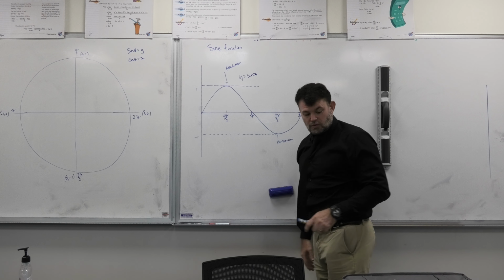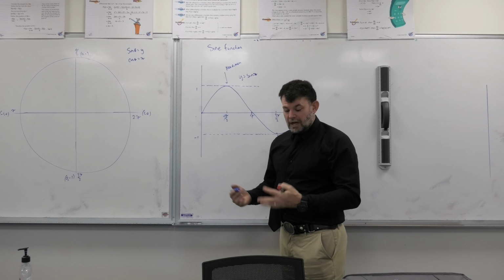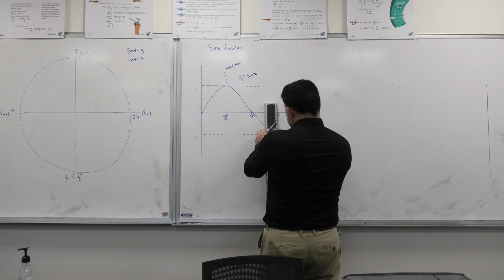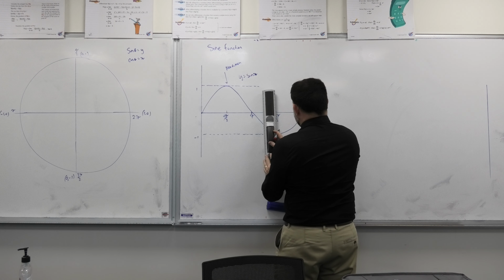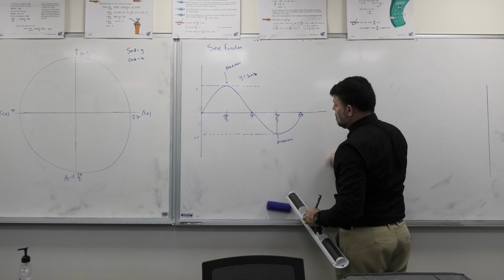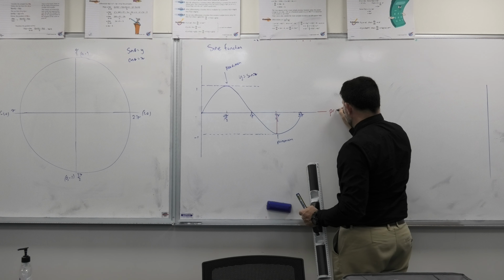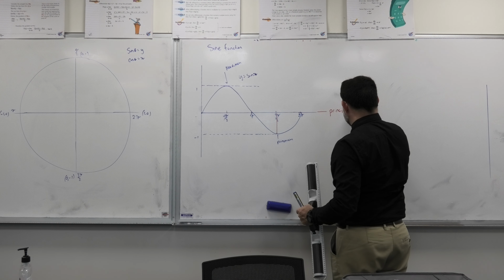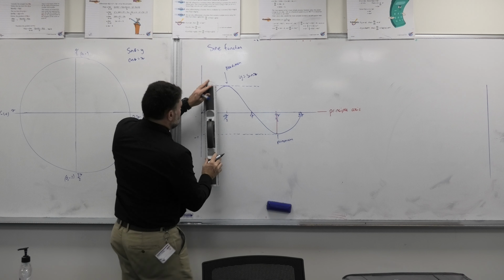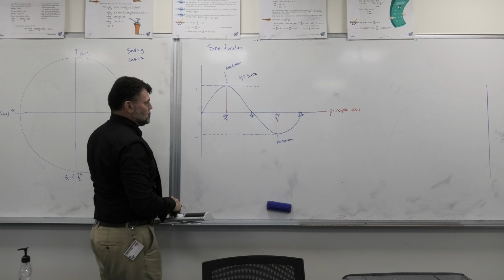Now there are some points on this graph that we can take note of. The name of the line that separates your max and your min is what we call the principal axis. Basically everything is moving up or down from there. These two red lines represent what we call the amplitude.